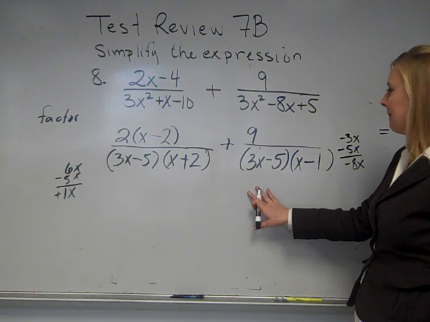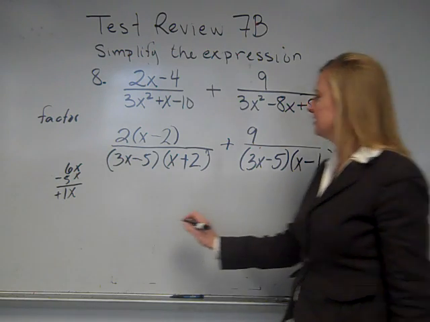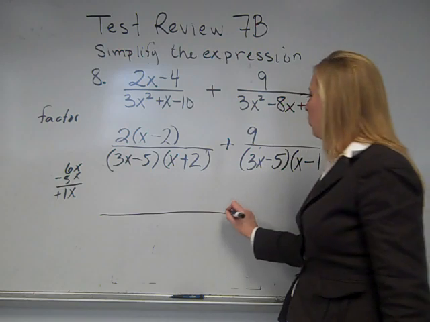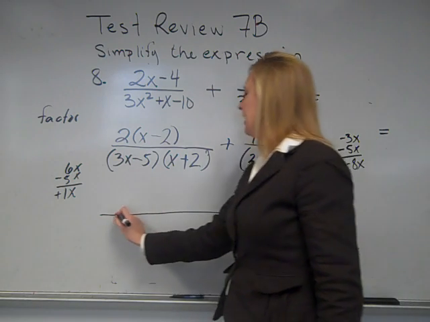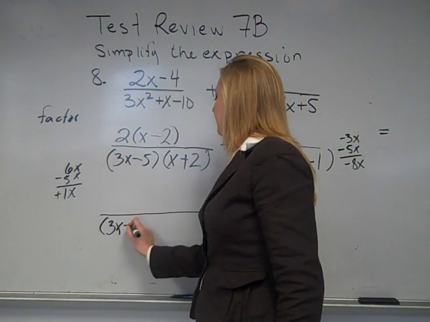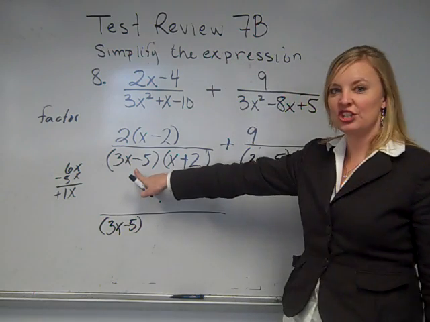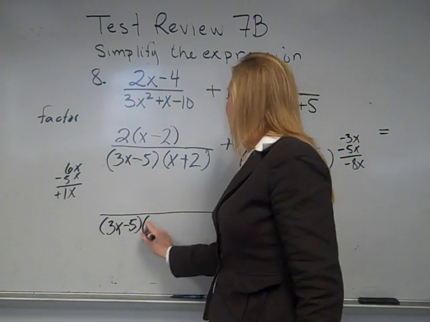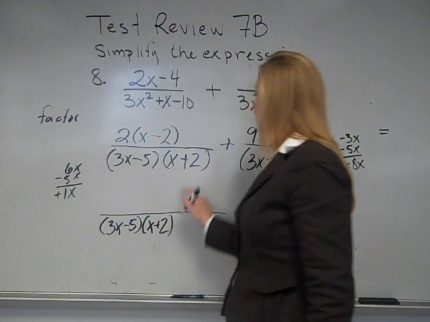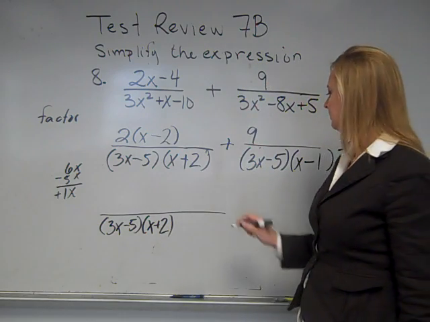All right. In order to have a common denominator, we need one of everything. I need a 3x minus 5 to make this fraction happy. I also need an x plus 2 to make this fraction happy.